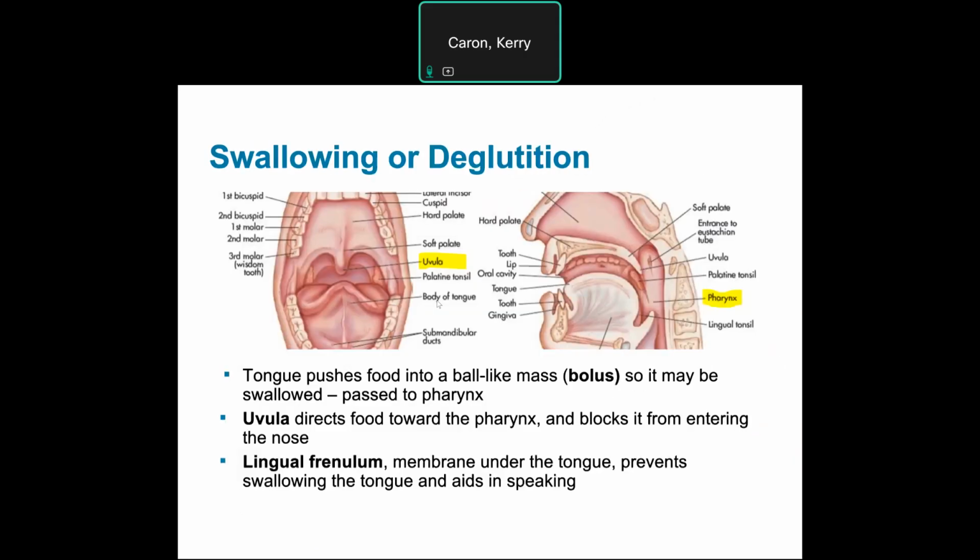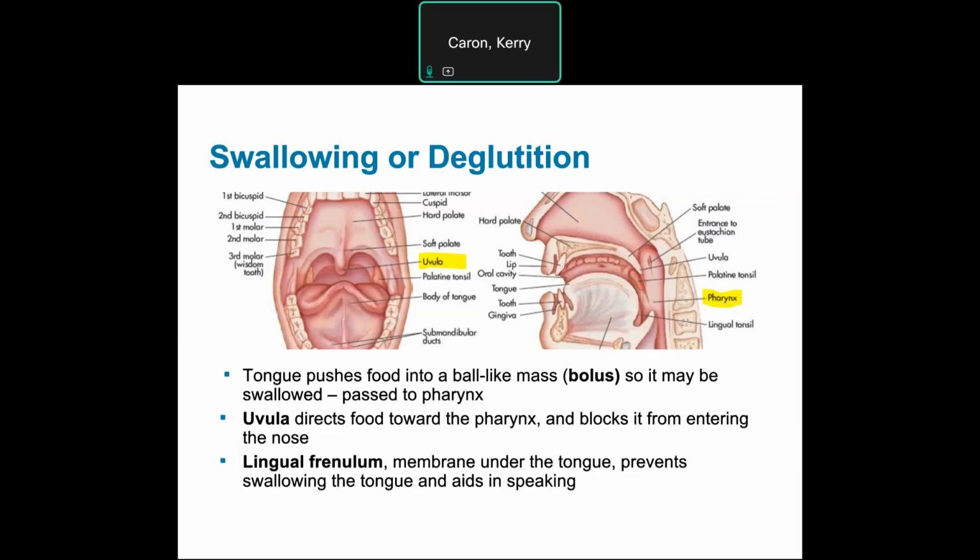The fancy word for swallowing is deglutition. So what happens when we swallow? We eat, we take in food, and the tongue will push this ball-like mass, or what we call a bolus. So let's think about it going from food to bolus.